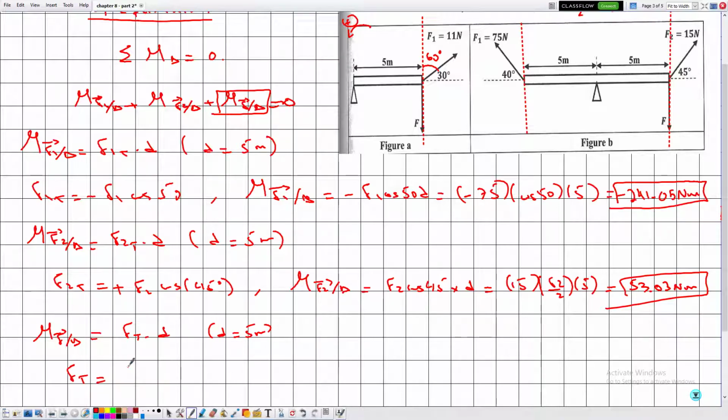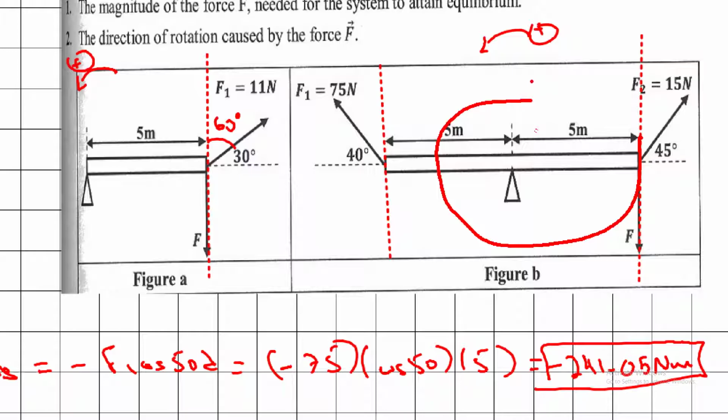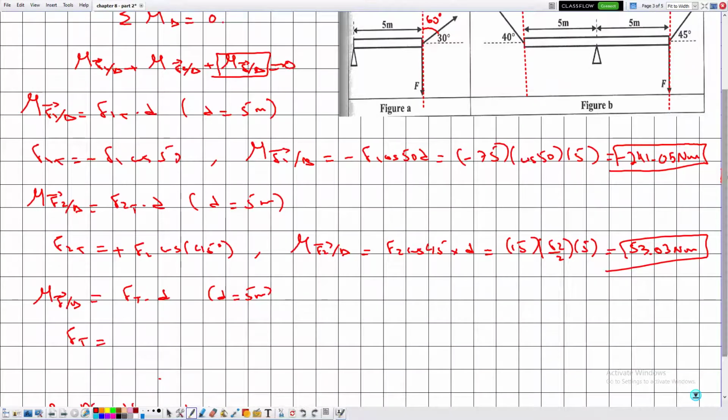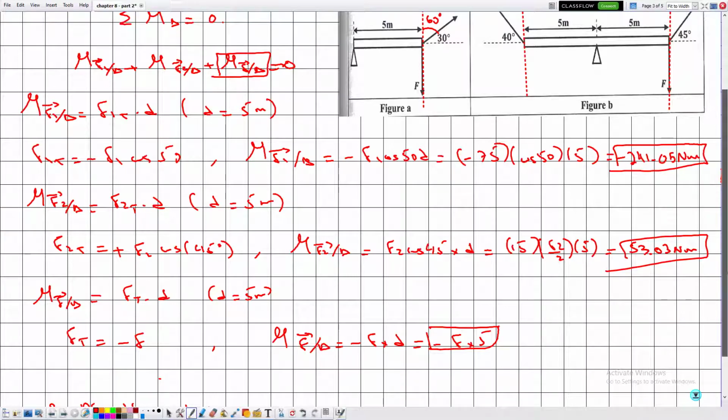F tangential, because it's trying to rotate the system in the negative direction like this, so it is minus F. It is completely lying on the tangential direction, so this is 1. Now in this case, the moment of F on delta is equal to minus F multiplied by d, which is equal to minus F multiplied by 5. And F is kept as a variable because F must be fitted in a linear equation.